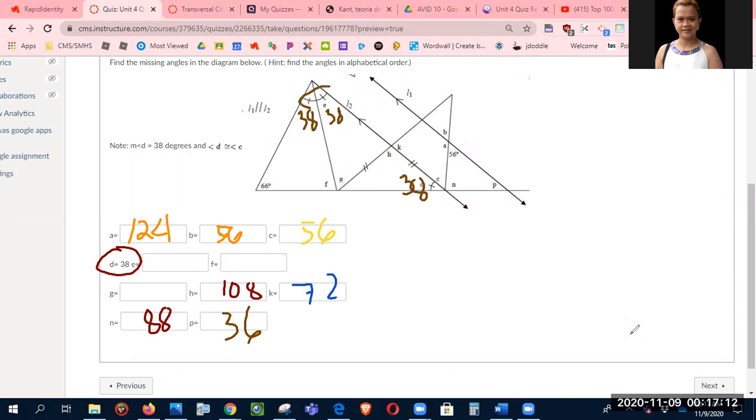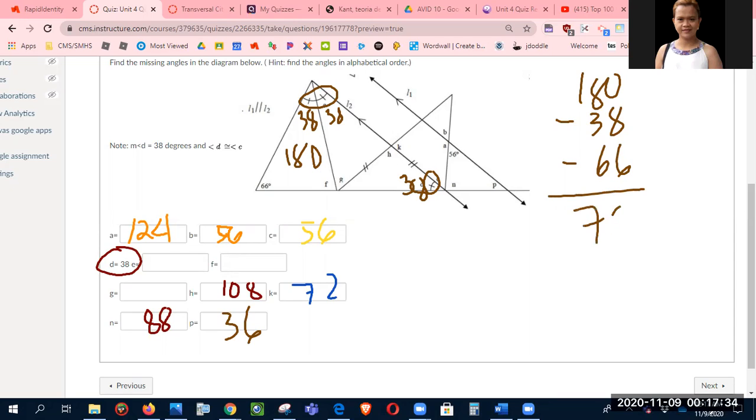How did I know? Because of the markings. Look at the markings, they're all just one. So that's 38, this is 66, and the total is 180. So 180 minus 38 minus 66 will give you 76. So F is 76.